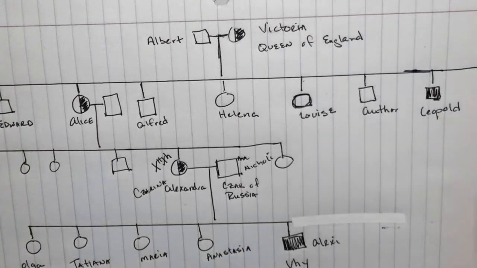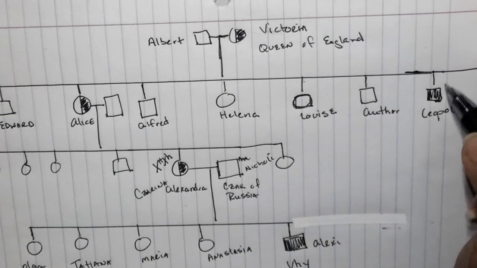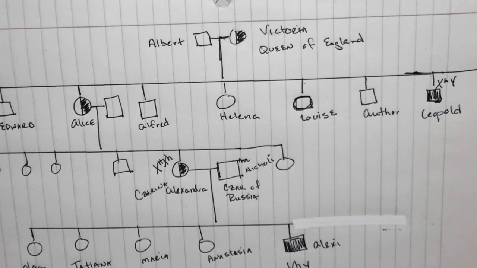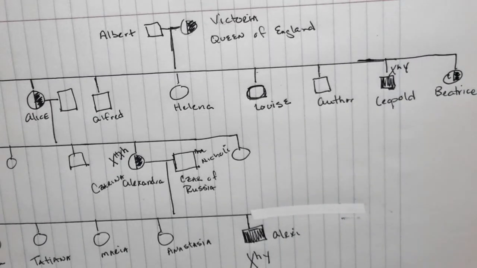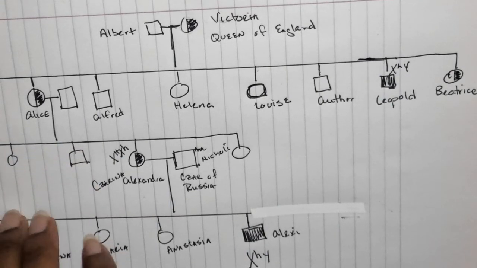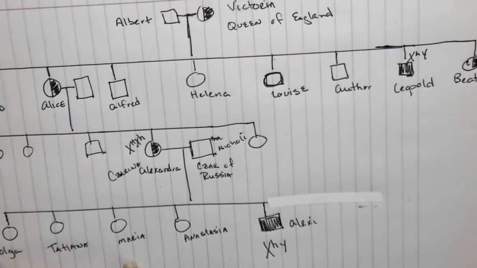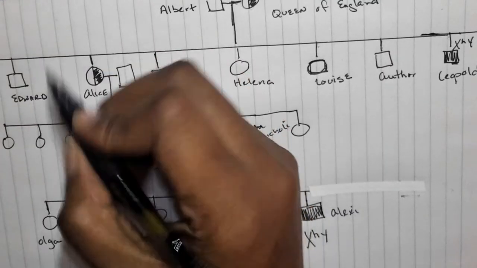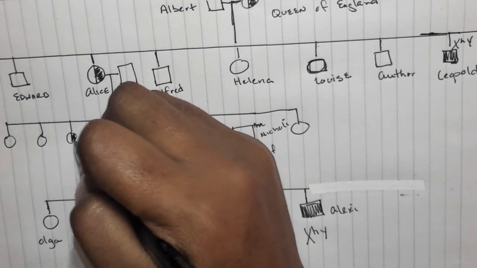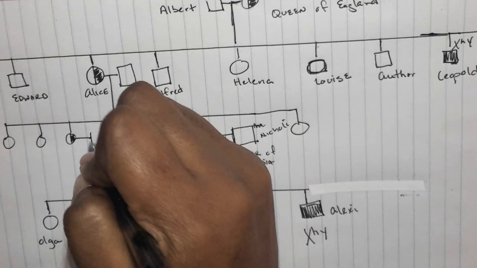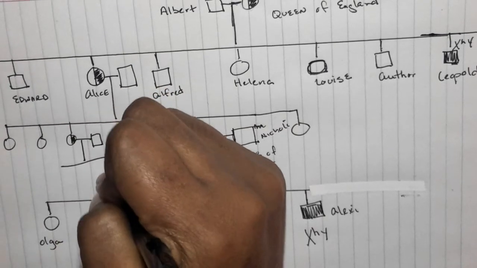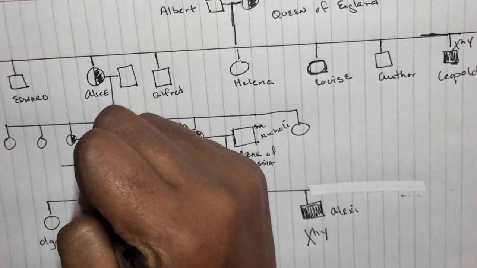Leopold was sick. He had hemophilia. And Beatrice was a carrier. And later on, one of Alice's children has 2 boys. This child right here, Irene is her name. She ends up having 2 boys that are hemophiliacs.